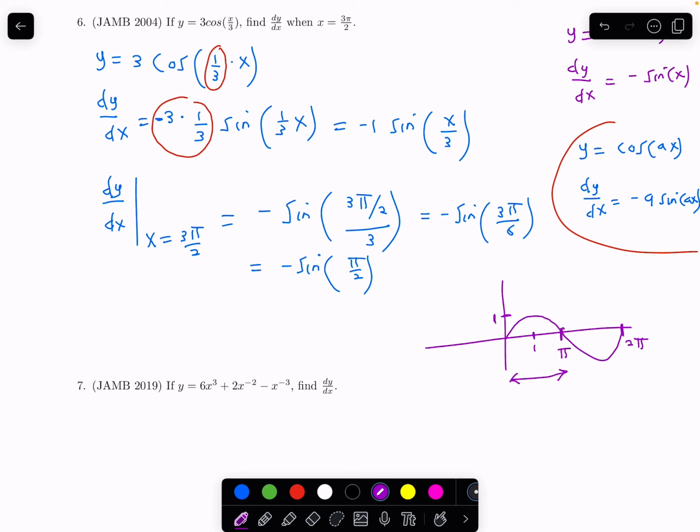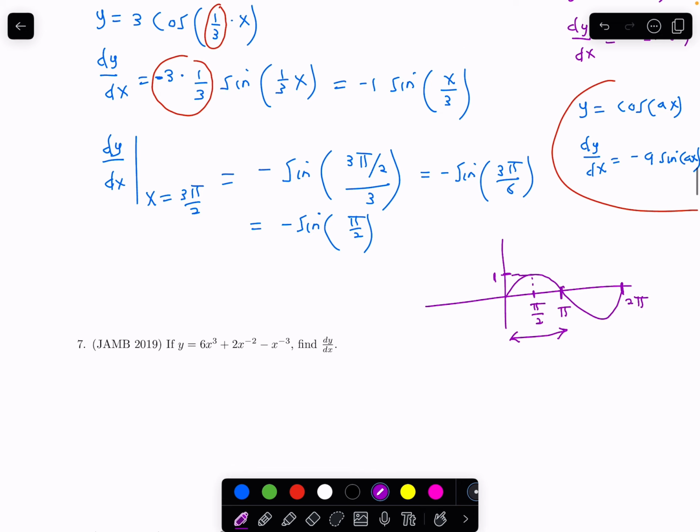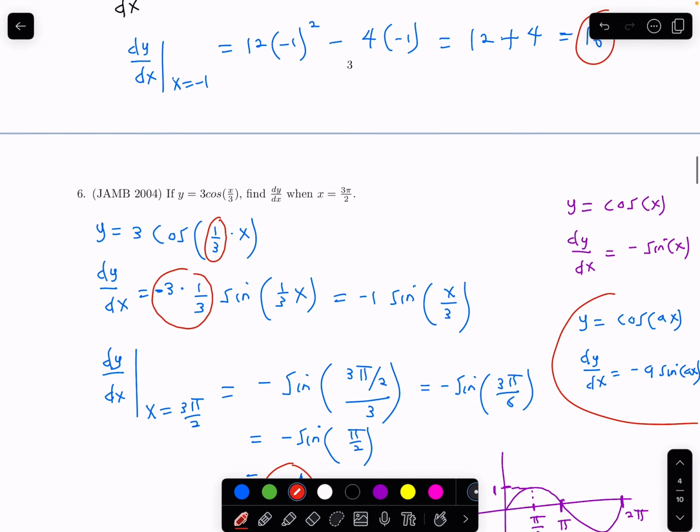So sine of pi over 2 is 1. So this is just going to be negative 1, right? So your answer is just negative 1. I hope this is helpful.